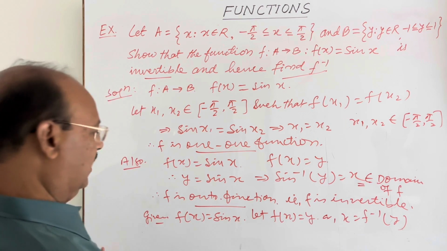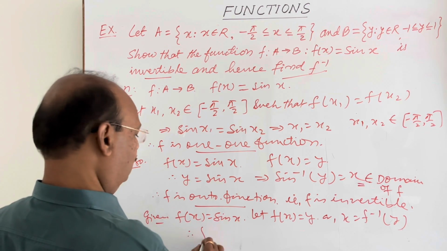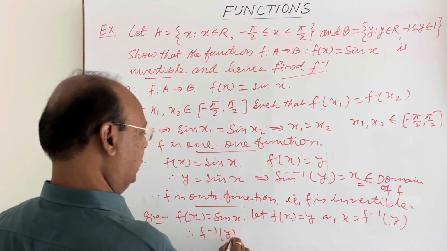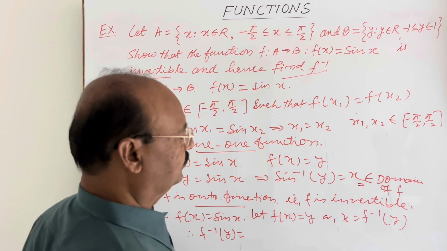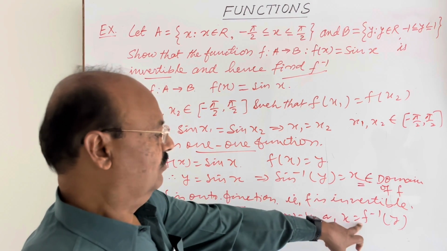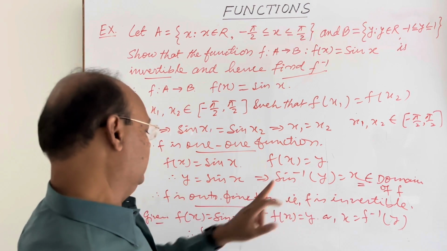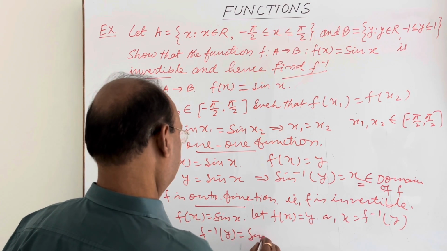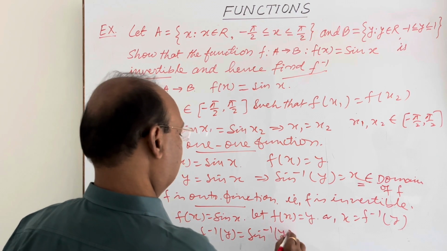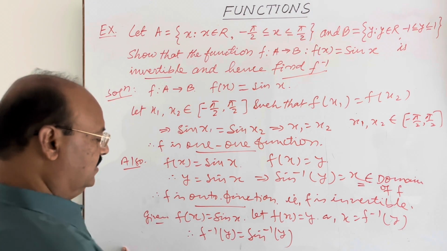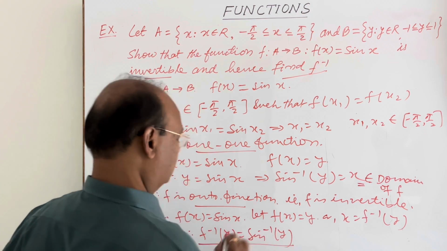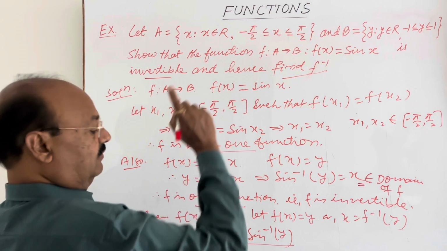So we can write that therefore f inverse of y is equal to x, and x is equal to sine inverse of y. Sine inverse of y, this is the inverse function of the given function.